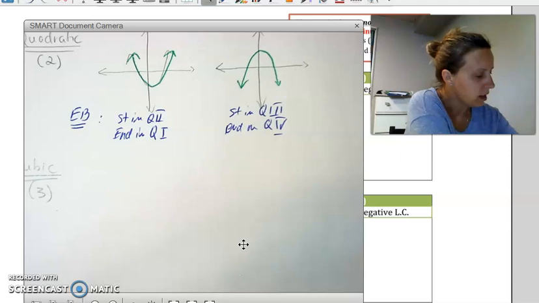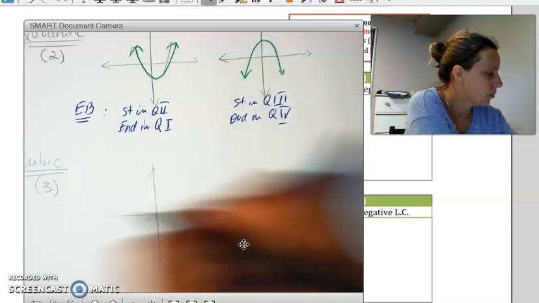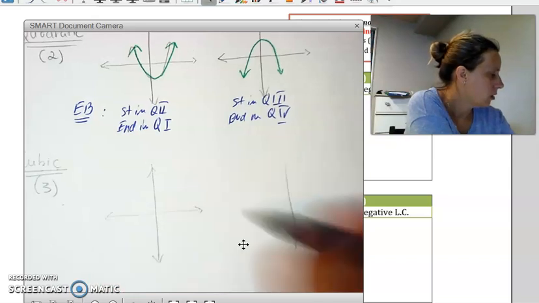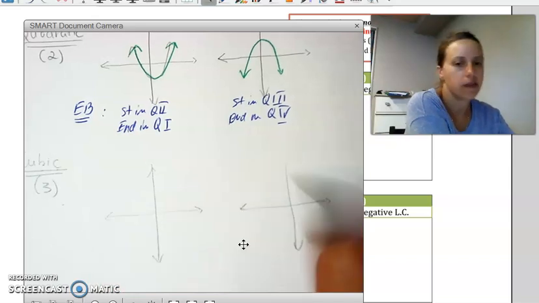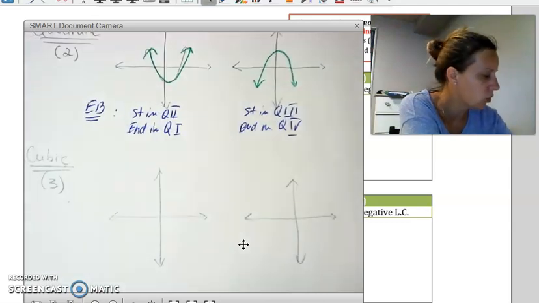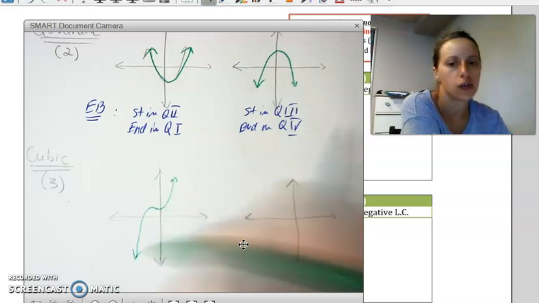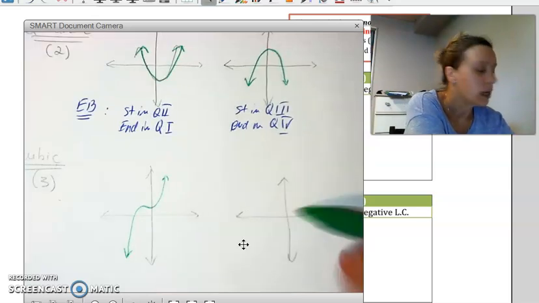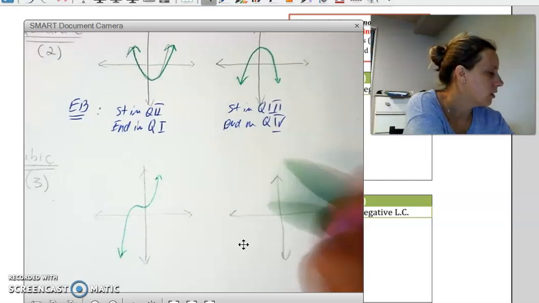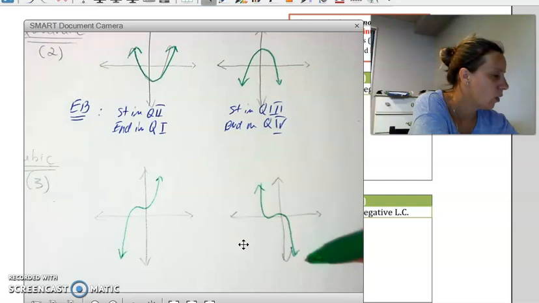And cubic is the last one we do. All of the examples I've given you for the shape of the graph are positive leading coefficients. So it starts in quadrant 3 and ends in quadrant 1. And for a negative leading coefficient, you're going to have it going the opposite. So it starts in quadrant 2 and ends in quadrant 4.